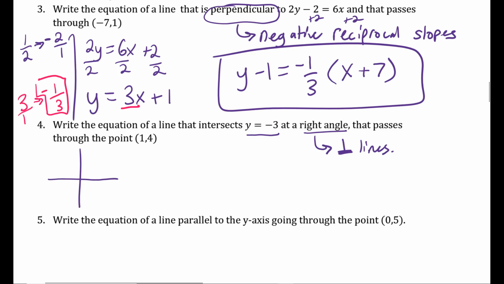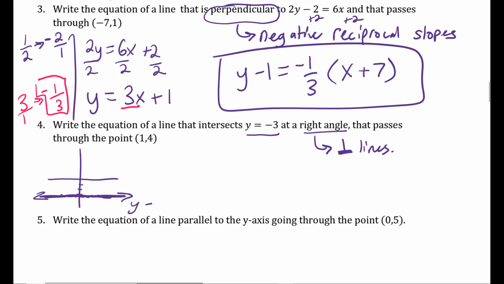So for y equals -3, I go down to -3, and if the line is y equals -3, that means all the points on that line have a y value of -3. So I'm just going to draw a straight horizontal line through -3.